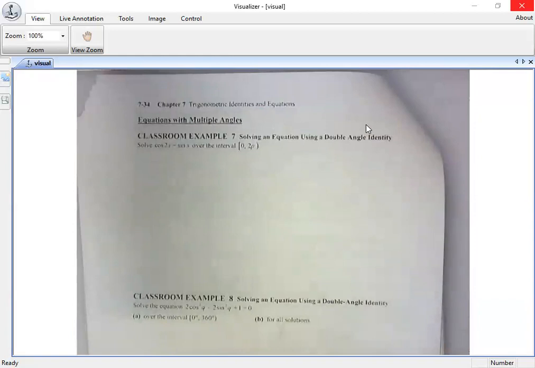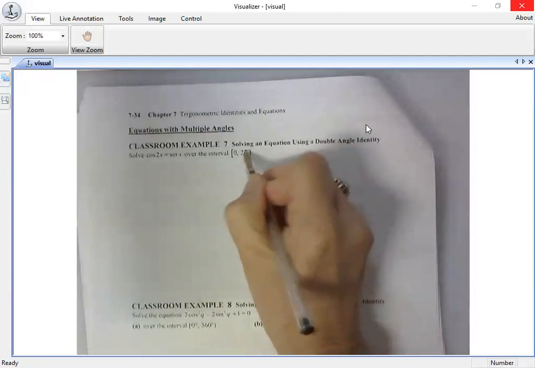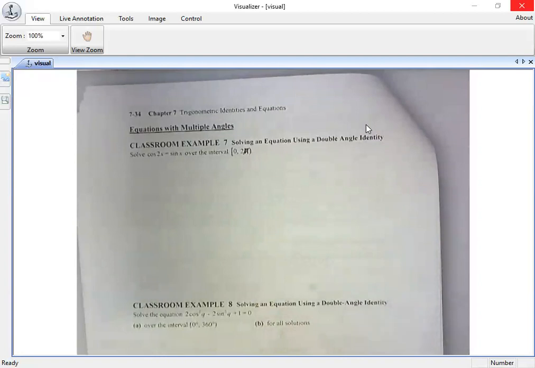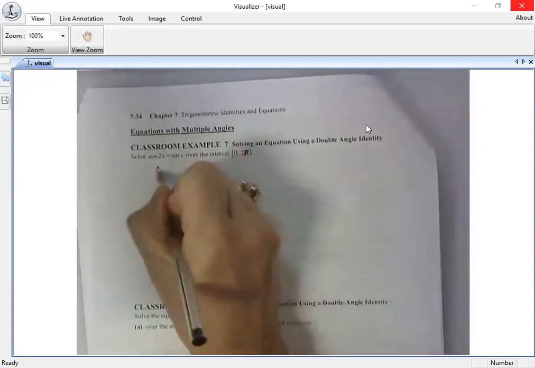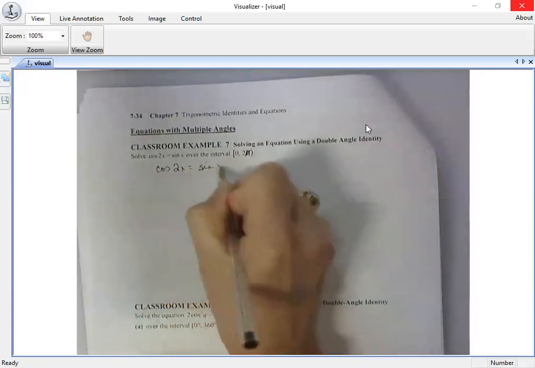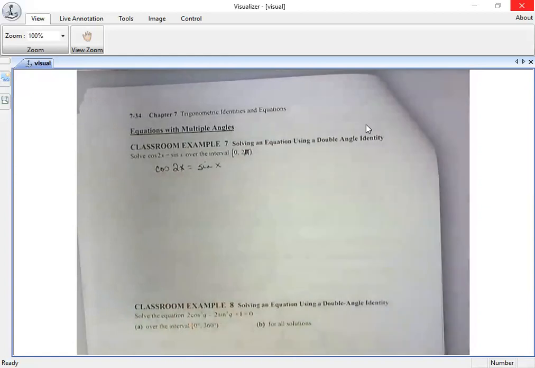Equations with multiple angles. Okay, so this is going to be over the interval 0 to 2 pi. And we're supposed to solve the cosine of 2x equals the sine of angle x. All right. Anything you recognize here that may or may not be a problem?